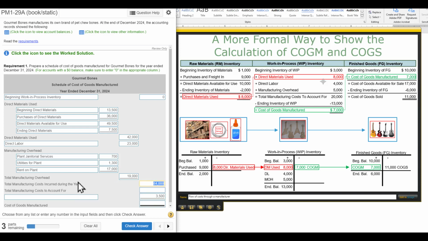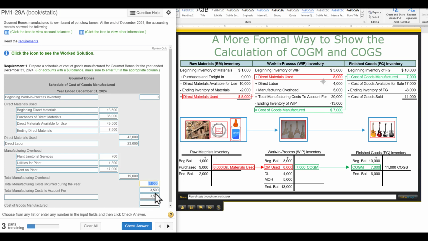Total manufacturing costs incurred for the year are 42,000 direct materials, direct labor, and then total manufacturing overhead. That gives us 84,000. Then we take the 84,000, which is manufacturing costs incurred during the year. Then we add them to the beginning, and that gives us the total manufacturing cost to account for, which is still 84,000.